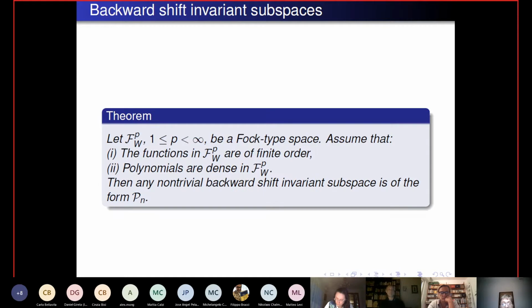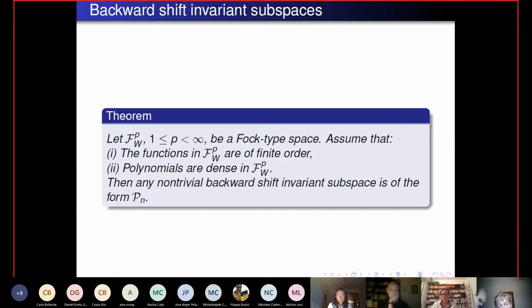Okay, but here is another theorem which I also like very much, and I can say something about its proof. Suppose you have a Fock space, no matter what weight you have, radial or not, but you know that the space is not very large, so the functions in your space are of finite order.